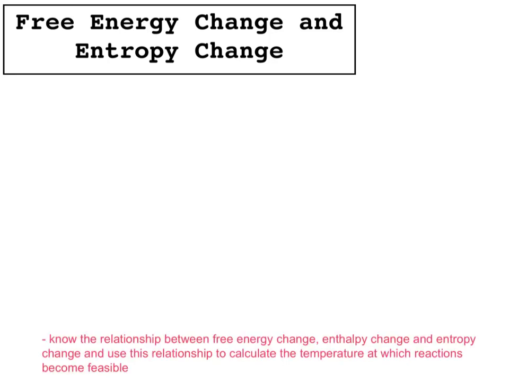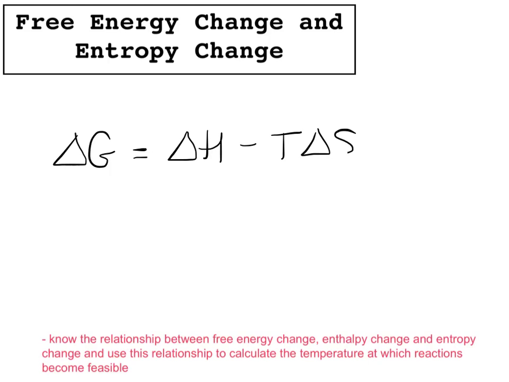So in order to calculate the temperature at which reactions become feasible, we need to know the relationship between free energy change, enthalpy change, and entropy change, and we've mentioned that before. So delta G, our free energy change, equals the enthalpy change minus temperature times the entropy change.